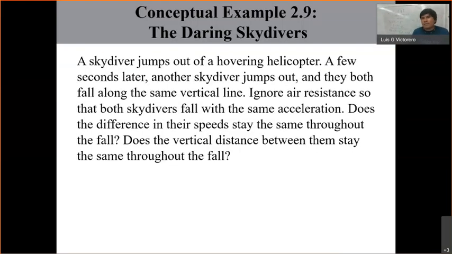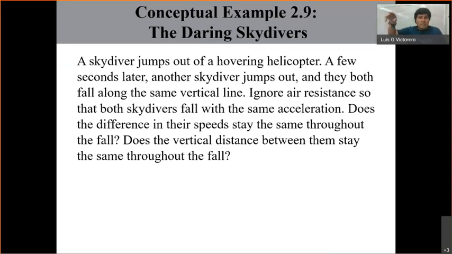So skydivers, right? I've only done paragliding, so it's not the same. Bungee jumping, yeah, actually with bungee jumping you feel it. So when you jump, and if you ignore air resistance, in this case they give you both skydivers who will fall with the same acceleration.